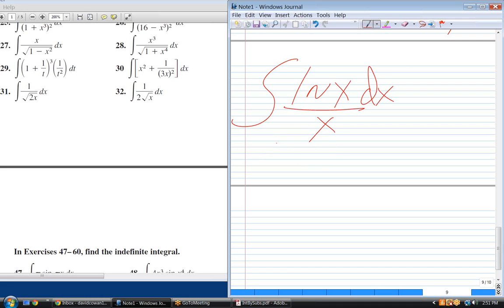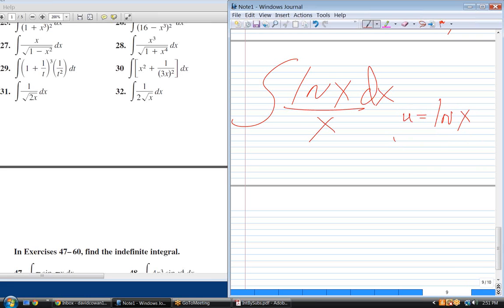Notice this does not fit the definition of what we're looking for. We've been looking for the derivative of u. If we let u be natural log of x, we're looking for the derivative to be in the numerator, and it's in the denominator here. But because it's natural log, that works out perfect. That's what you need for natural log.